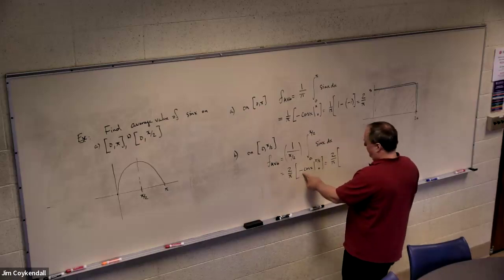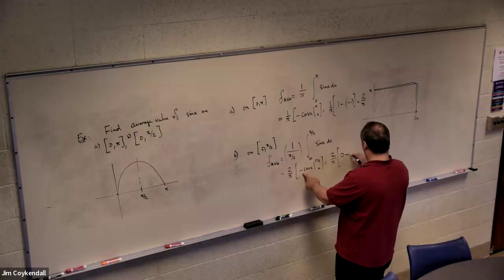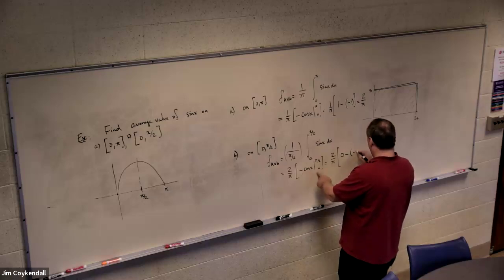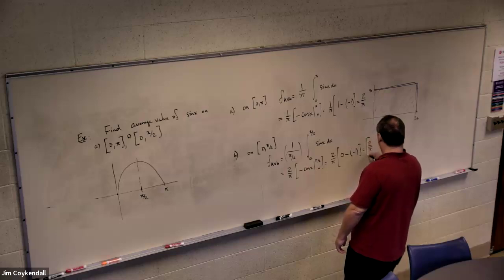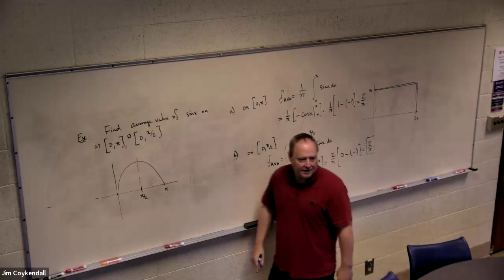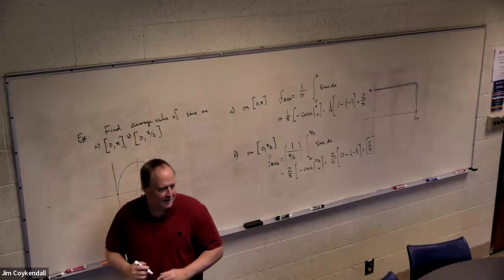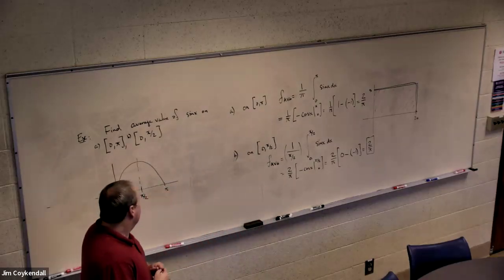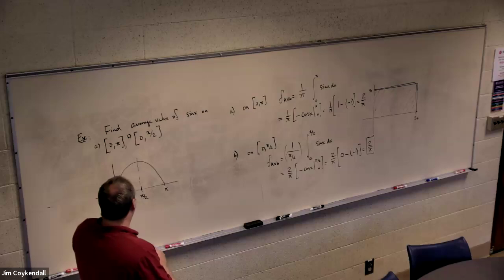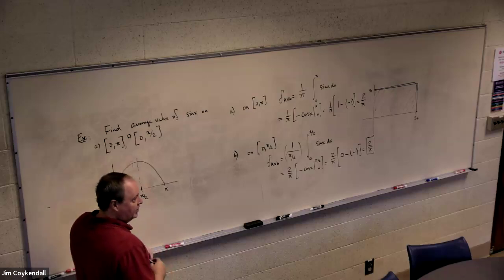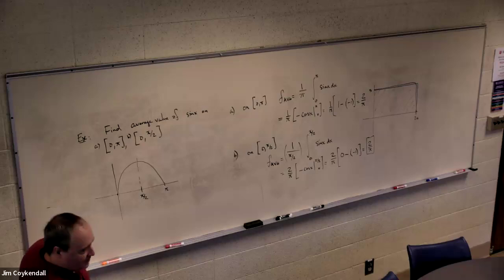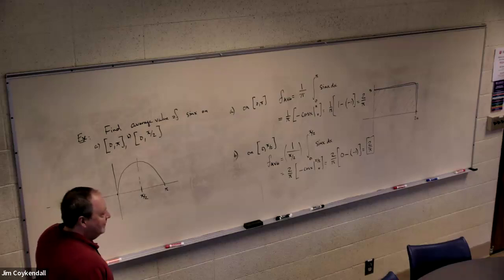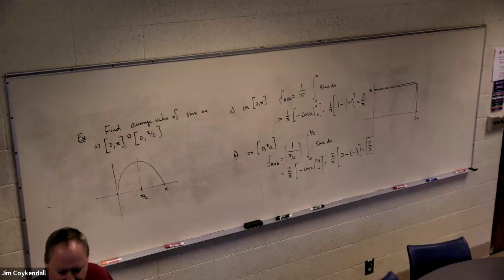When I plug in pi over 2, cosine is 0, and plugging in 0 it's 1. Notice that this is bigger than a half because this is sort of concentrated at the top. Questions?